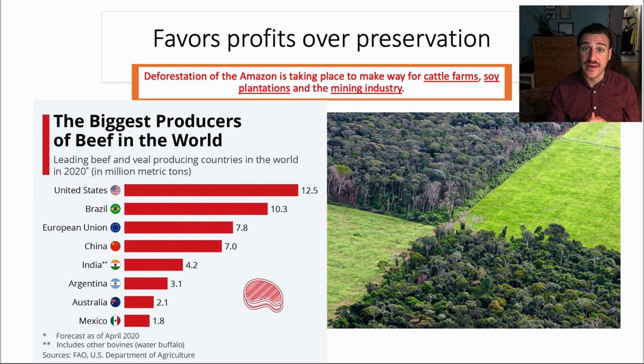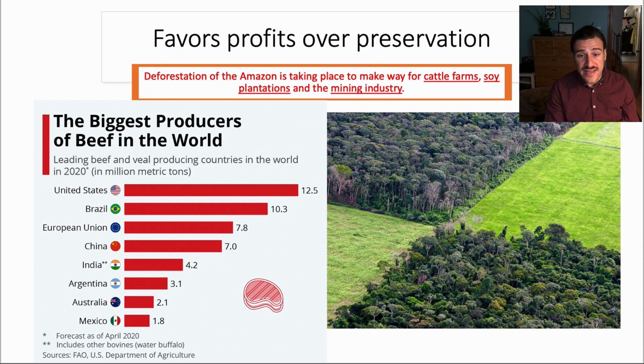In the Amazon and with Brazil, Bolsonaro is clearly on this side as well. And since he has taken control, we see more and more deforestation of the Amazon. Now, the reason for deforestation is to make way for cattle farms, soy plantation, and the mining industry.